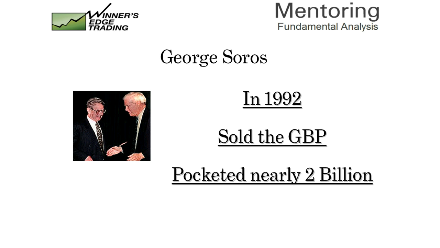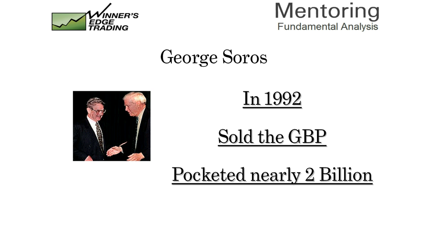But anyway, the pound left this group, and when they did, the pound's value fell very exponentially, very dramatically, very fast. And George Soros, one of the people that took advantage of that collapse, you could say, pocketed nearly $2 billion because he saw the fundamental things behind what was going on.